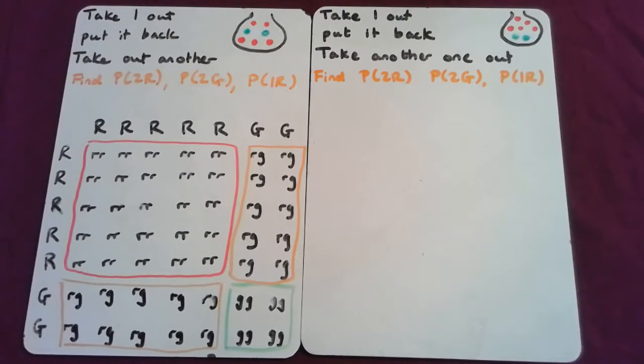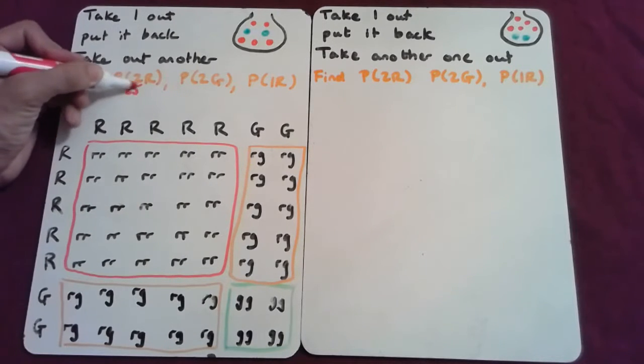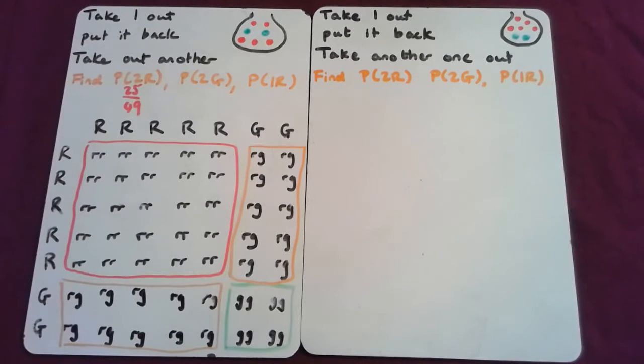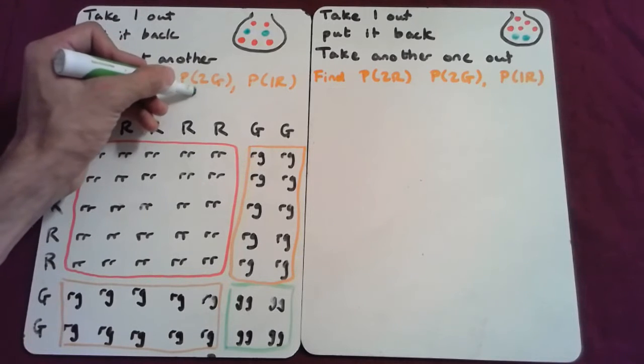The probability of getting 2 reds is very simply just the red box, which we can see is 5 by 5, which is 25 out of 49. Now, the probability of getting 2 greens is the grid in the bottom right-hand corner, which is very simply just 4 out of 49.